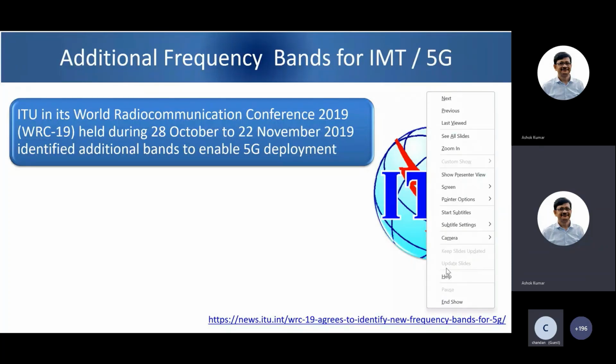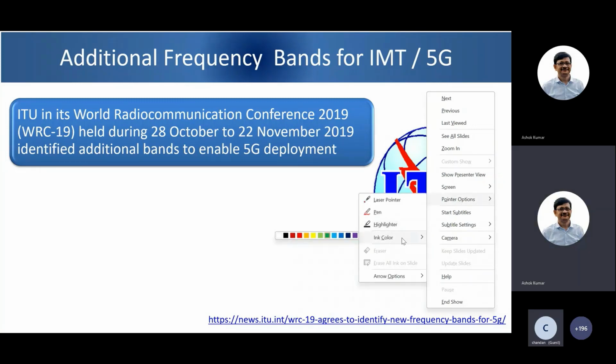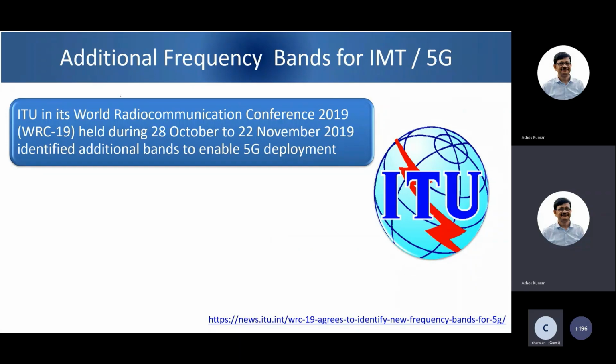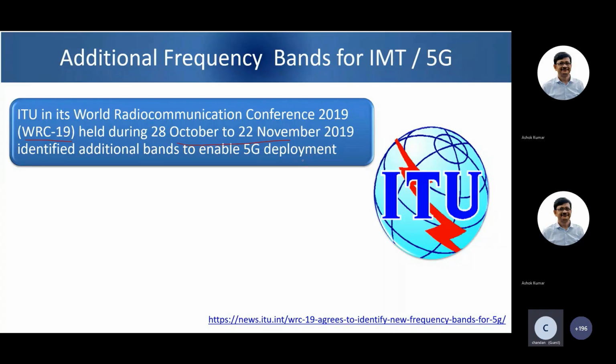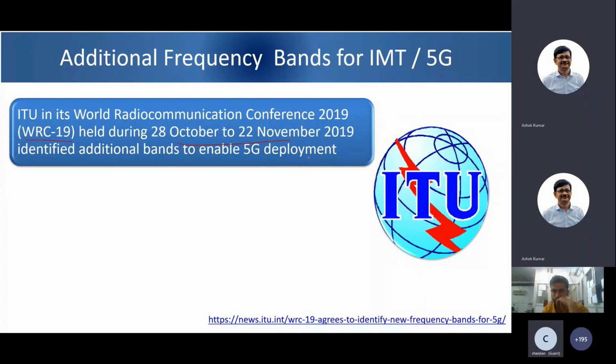So this is WRC 19, and this was held in October, November. In that meeting, they identified additional bands in millimeter wave. So what were those bands?